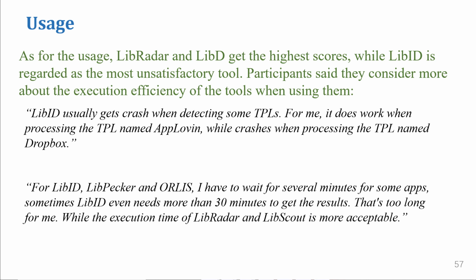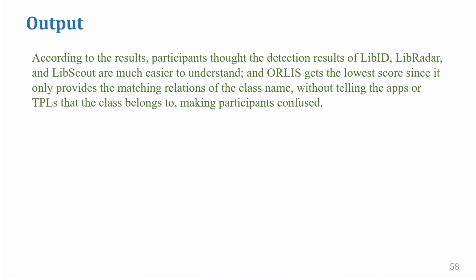And people usually cannot stand it if the tool meets some error or cannot get the result smoothly, or they have to wait too long. They usually complain about that, and they found LibID usually made them wait a lot.